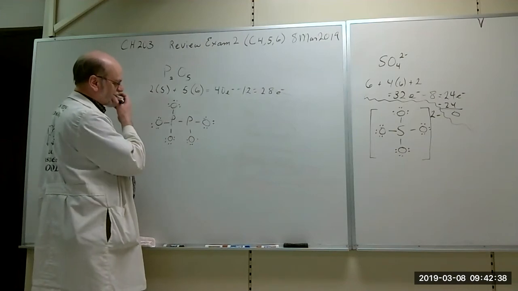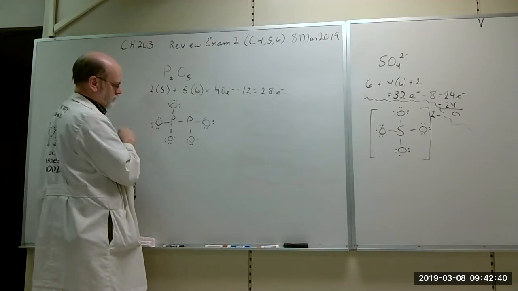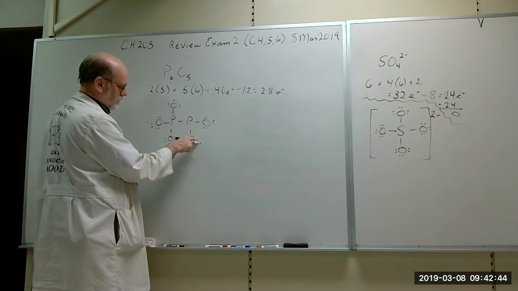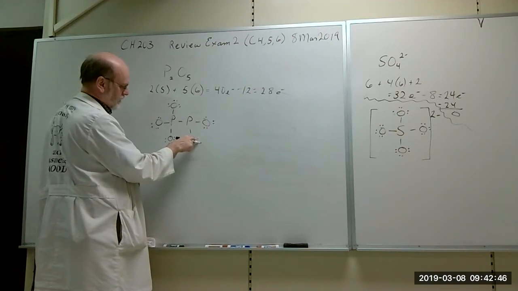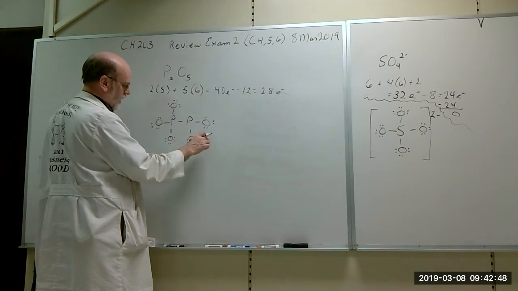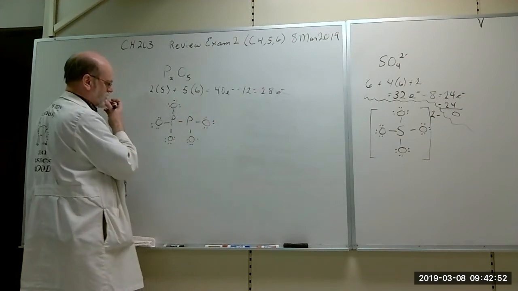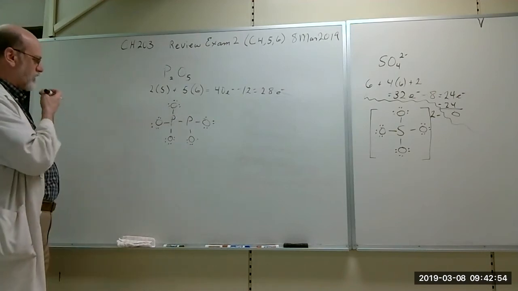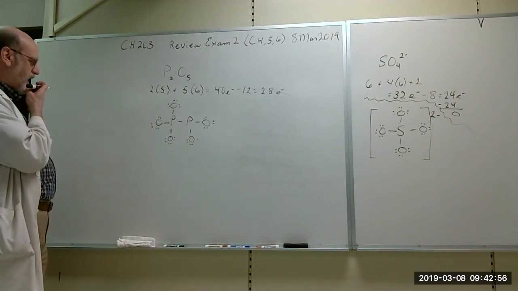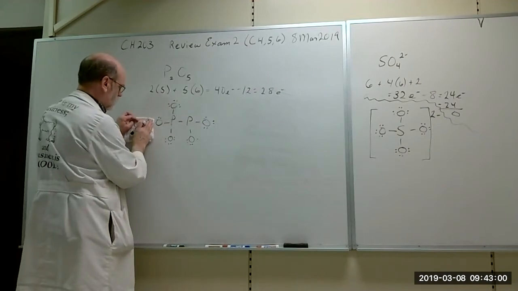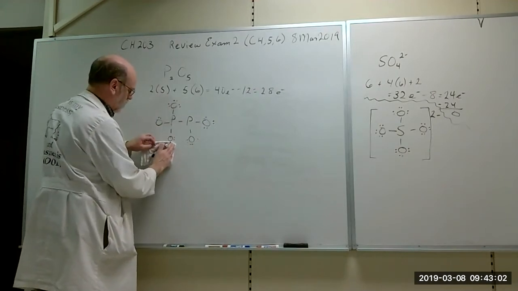Well, if we take this electron and combine it with, well, that's not going to work. So I'm sort of painting myself into a corner here. I think I've positioned the electrons incorrectly. That's the problem.